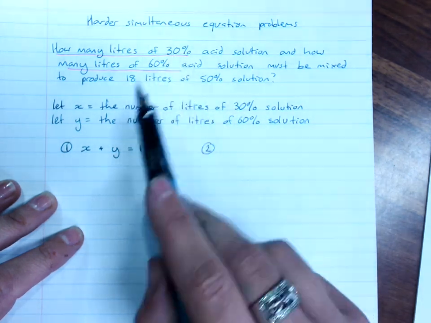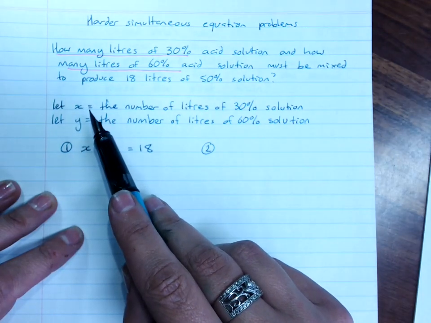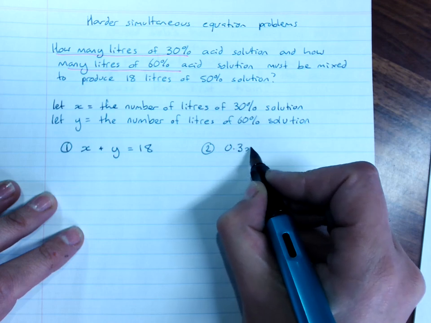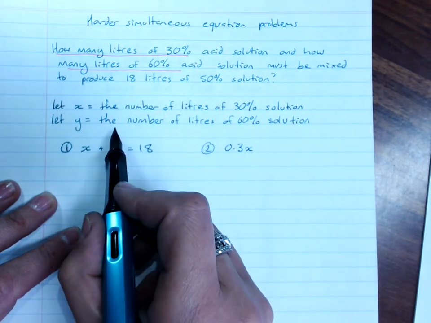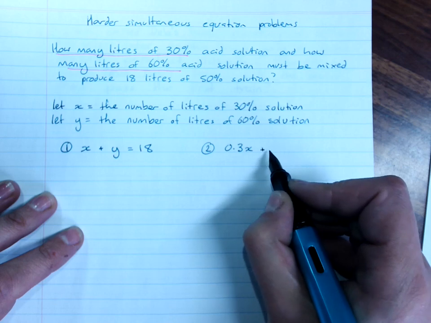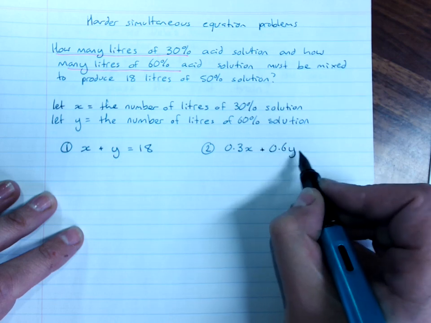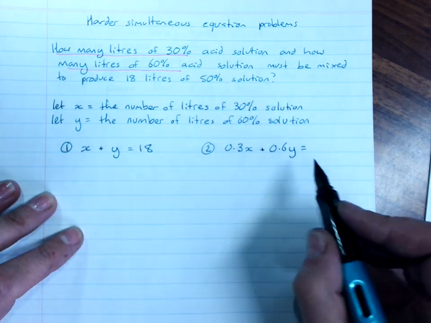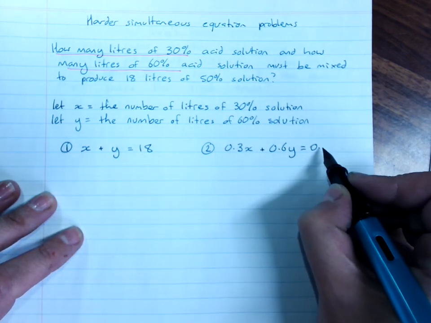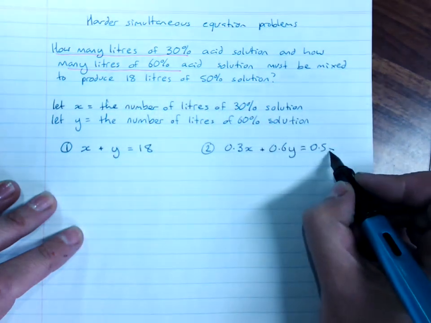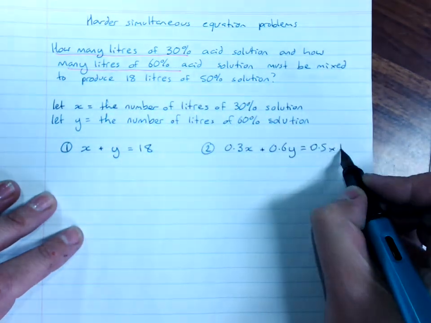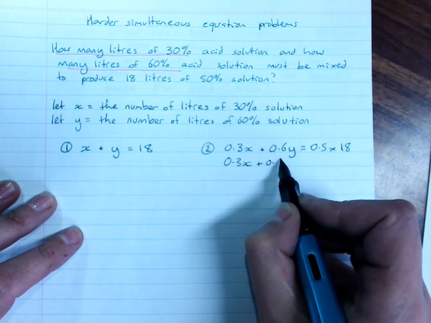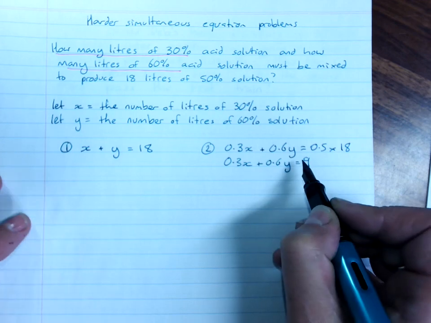So 30% of x will be acid. As a decimal, that's 0.3x. 60% of y, as a decimal, that's 0.6y. And that will equal the amount of acid in the final solution, which is 0.5 because it's 50% of 18, so my equation becomes 0.3x plus 0.6y is 9.